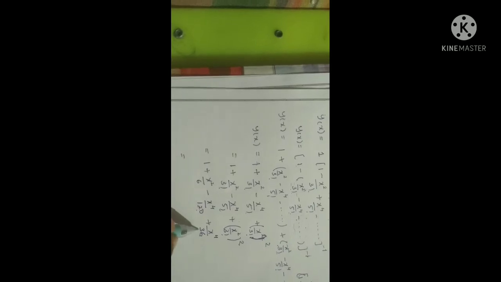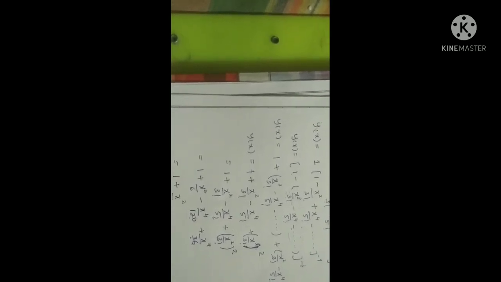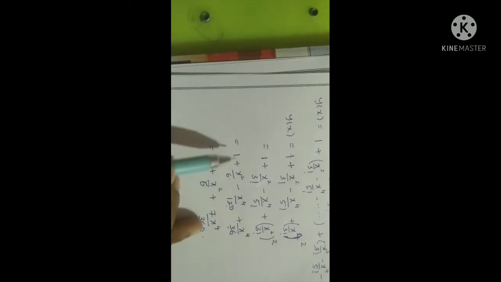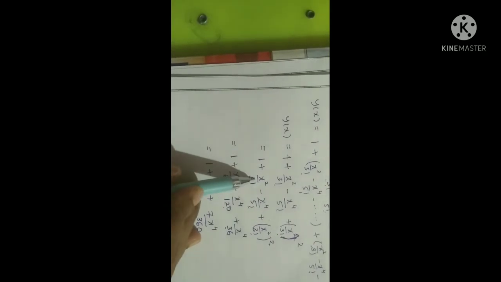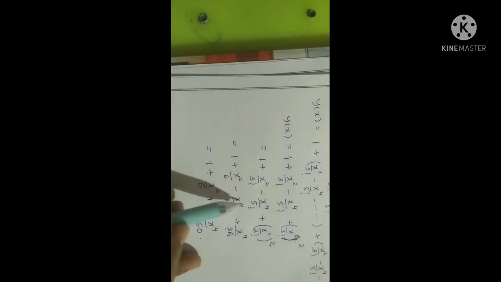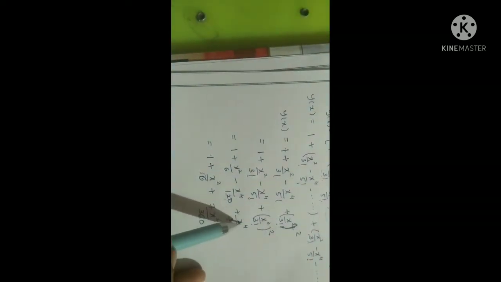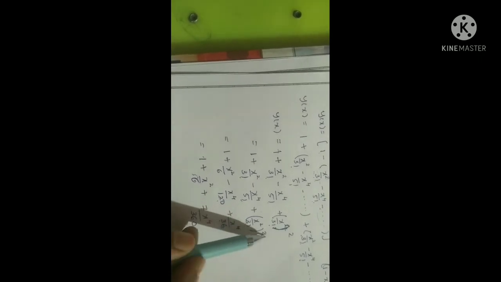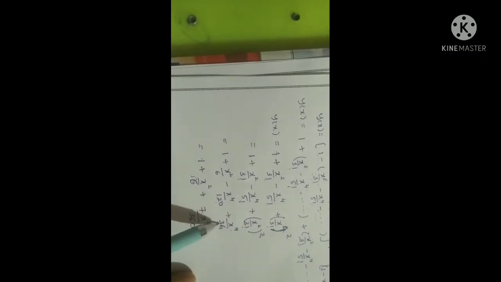So when you take the LCM, it becomes 1 plus x square by 6 plus 7x to the power of 4 by 360. See here, 1 as it is, x square by 3 factorial is 6, and minus x to the power of 4 by 5 factorial, which is 120, plus x to the power of 4 by 3 factorial squared, 6 squared is 36.